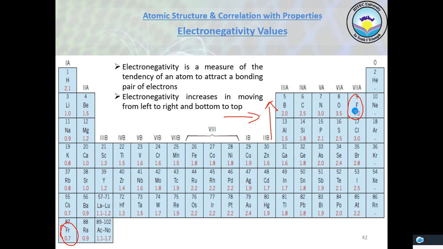So fluorine is a highly electronegative element and francium is the lowest electronegative element. The red color mentioned here in the periodic table represents electronegativity.